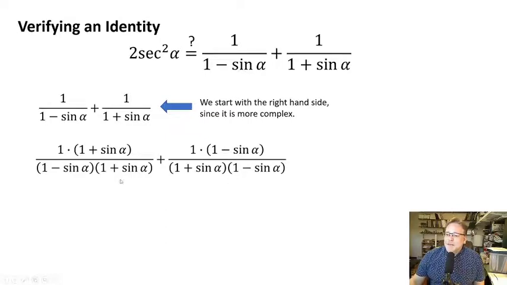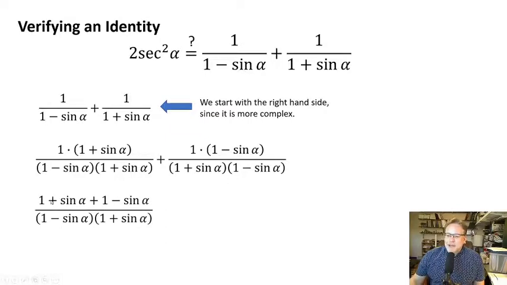That'll allow me to combine them into a single fraction, and I just add the stuff that's on top. So 1 times, okay, that's not going to do anything. So I've got 1 plus sine alpha plus 1 minus sine alpha. So that's what exists here on top.